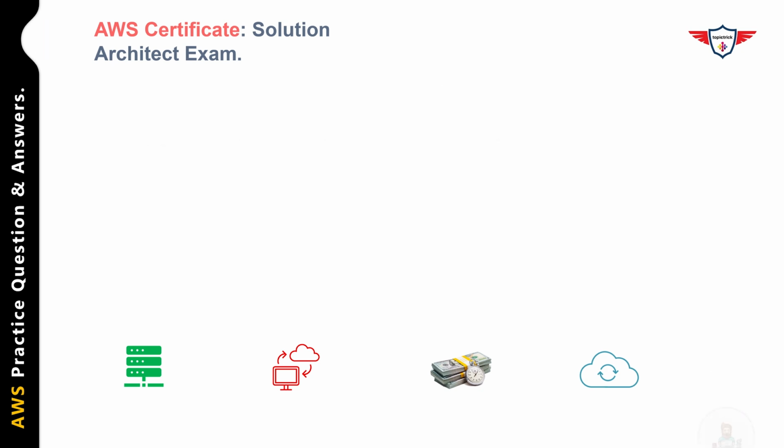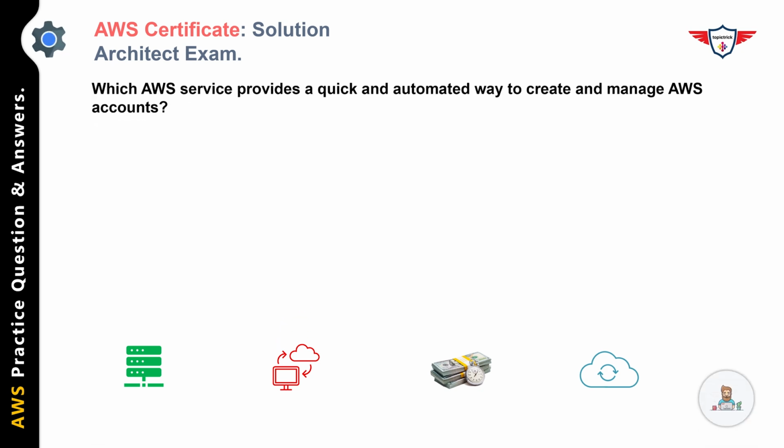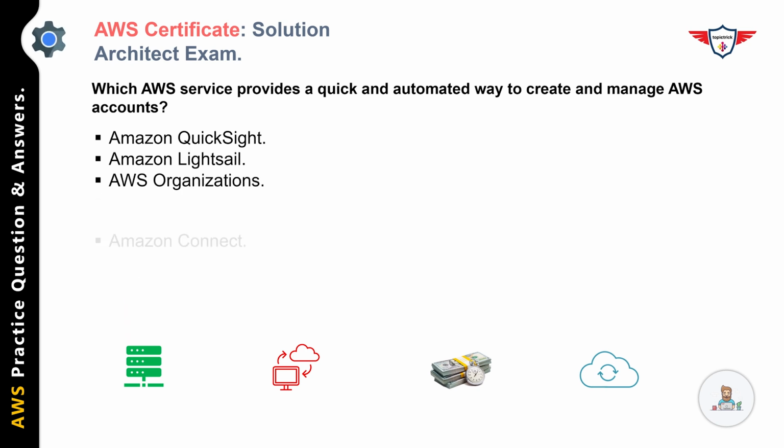Which AWS service provides a quick and automated way to create and manage AWS accounts? And your options are Amazon QuickSight, Amazon Lightsail, AWS Organizations, and Amazon Connect. The correct answer is AWS Organizations.